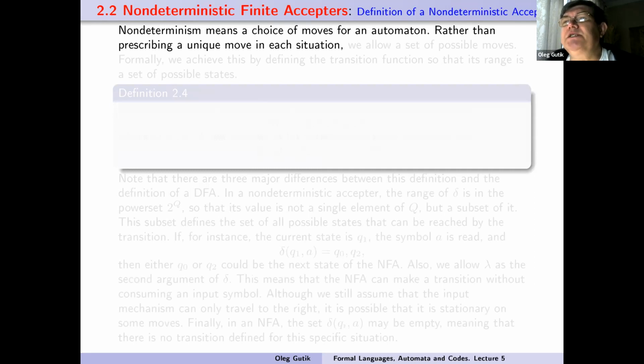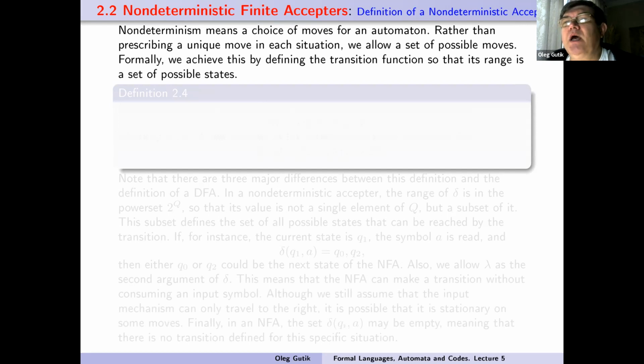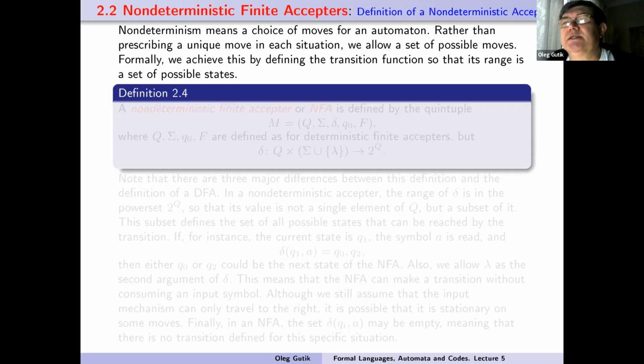Non-determinism means a choice of moves for an automaton, rather than prescribing a unique move in each situation. We allow a set of possible moves. Formally, we achieve this by defining the transition function so that its range is a set of possible states.